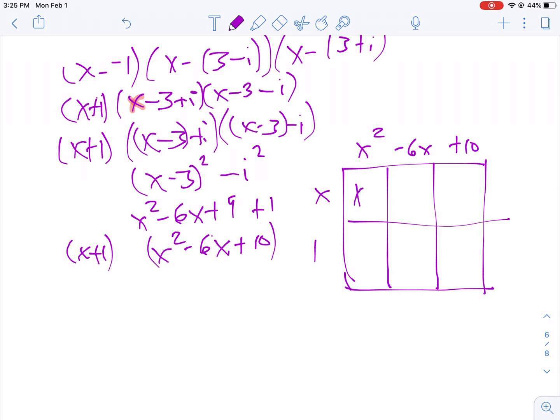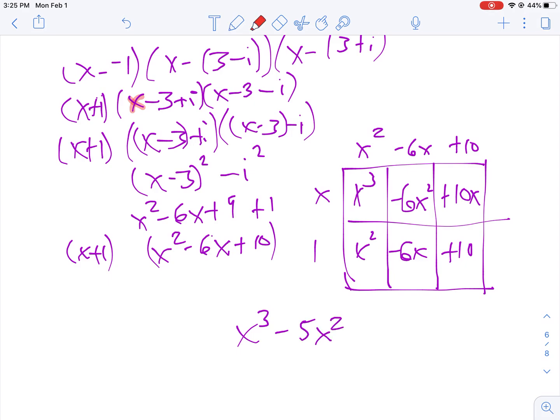So we get x cubed minus 6x squared plus 10x. And then we just have x squared minus 6x plus 10. So when I multiply those together and combine my like terms, we have x cubed minus 5x squared, because you're taking -6 plus 1.